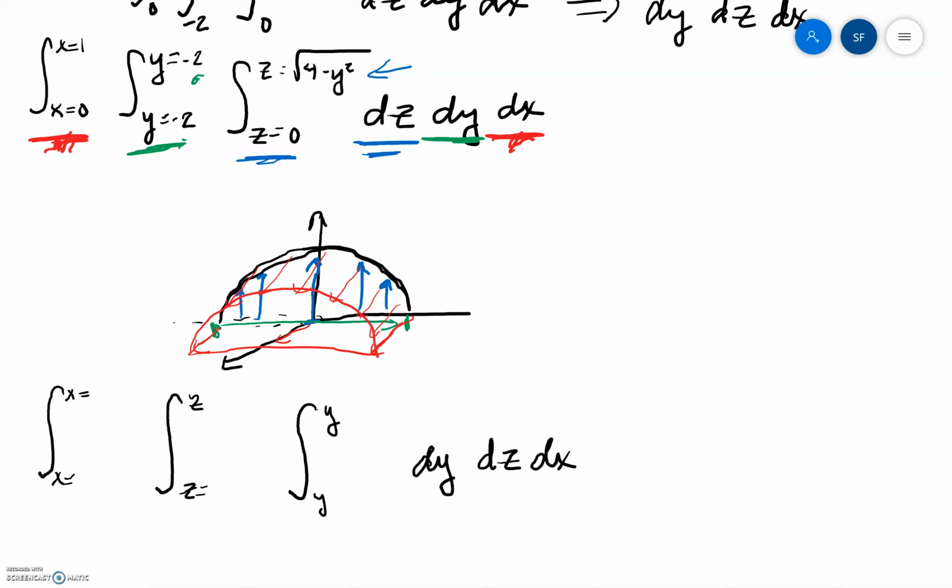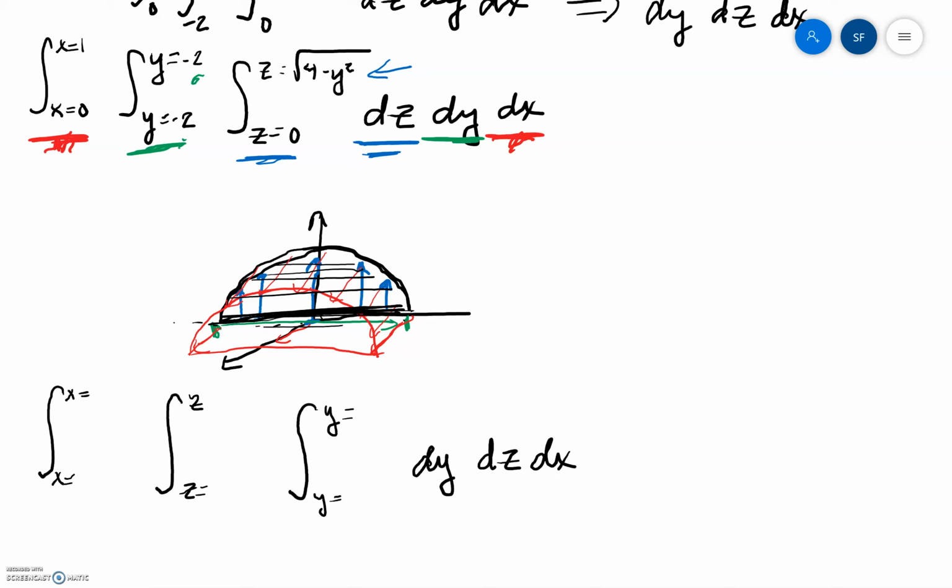Okay, so looking at y's, I'm looking in this direction first, and I have to ask where do I start and where do I stop? Here it's going to be -2 and +2, but it's this curve that's going to tell us where I start and where I stop.